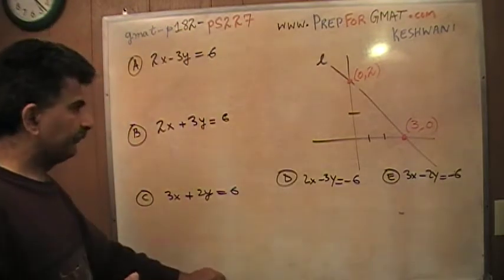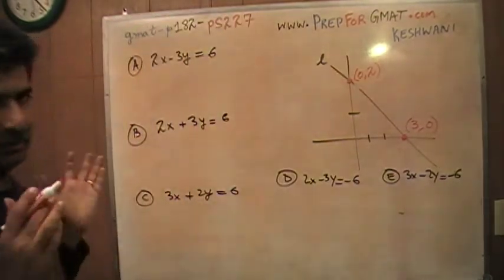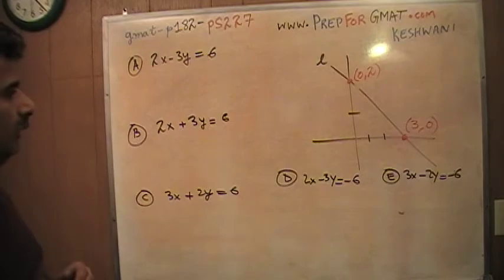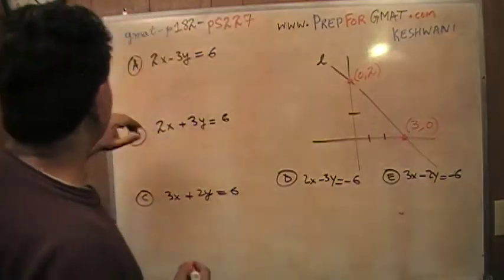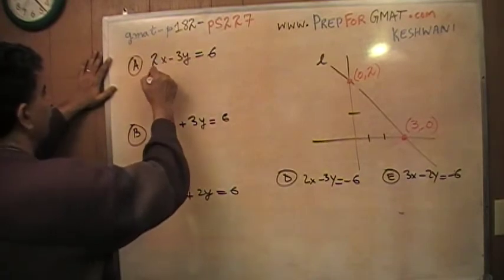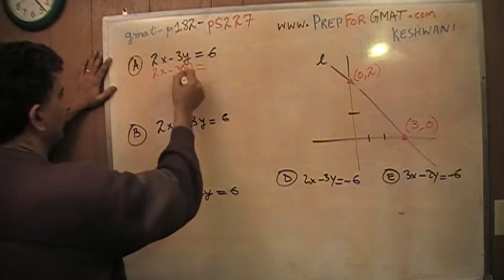So let's start. I'm going to start with the x-intercept because it's more logical. For no other reason, you can start with the y-intercept if you want. So this tells me that when y is 0, x is 3. Let's put it in here. If y is 0, the y drops out, because 3 times 0 is 0.